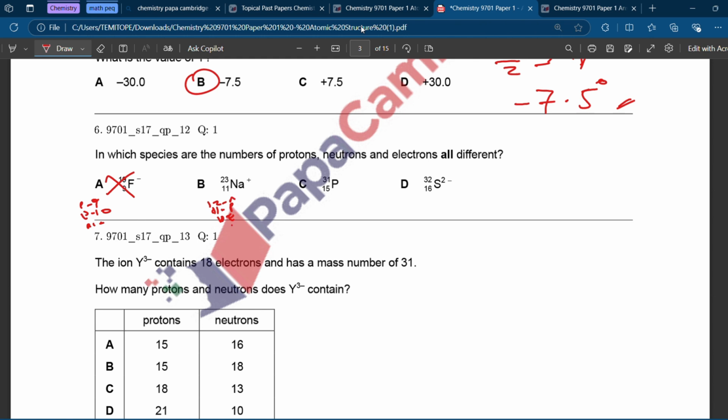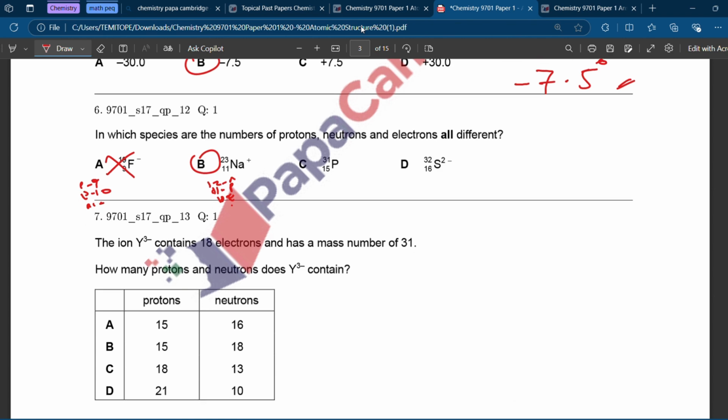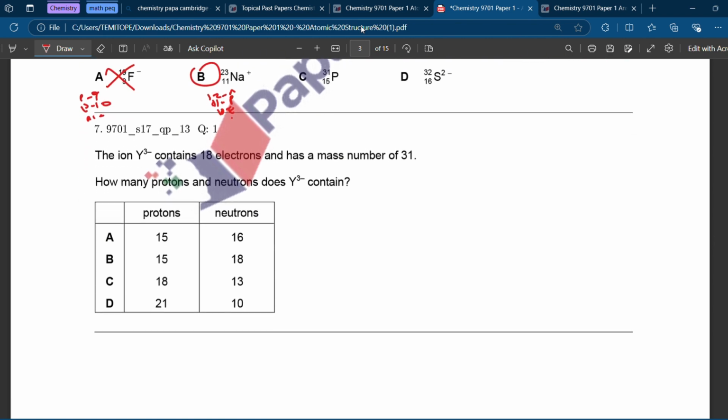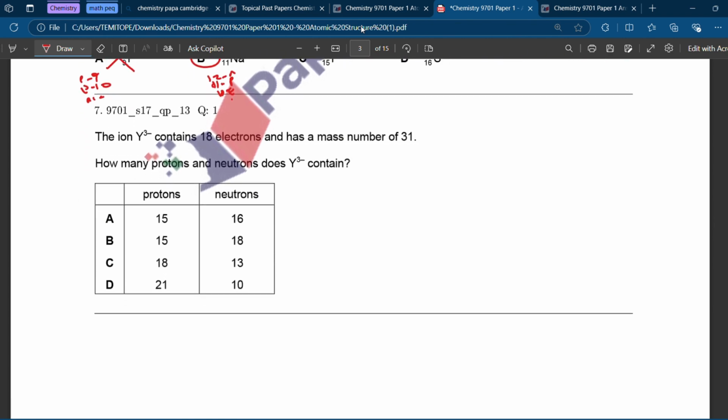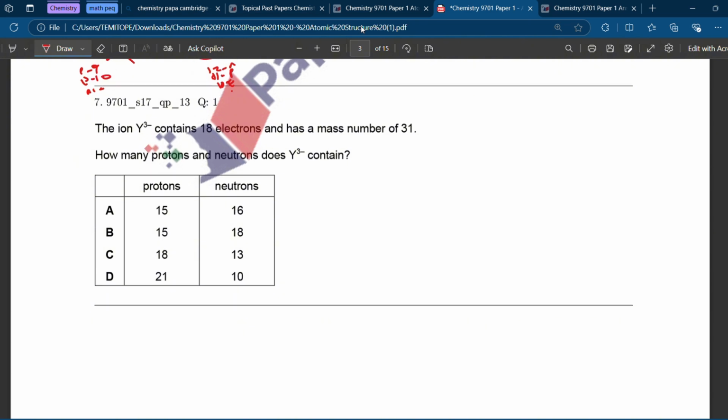We look at sodium, which has 11 protons, 10 electrons, and I believe 12 neutrons. So all of them are different, 10, 11, and 12. So the answer is B for number 6. You can check one more example just to be sure. This one has 15 because there's no charge. This is 16 and 18, but 16 plus 18, yeah, that also gives you this.